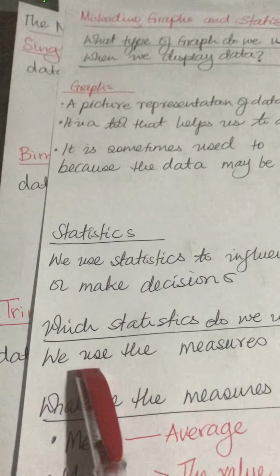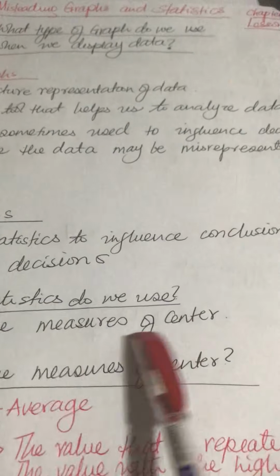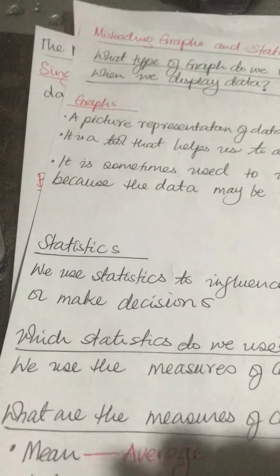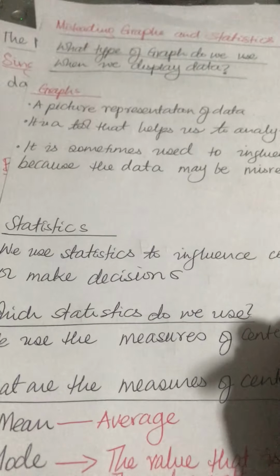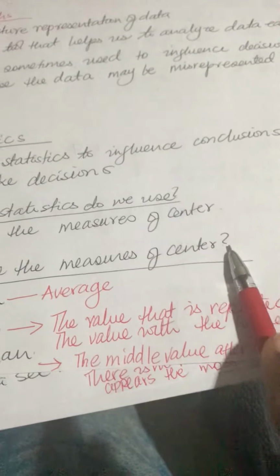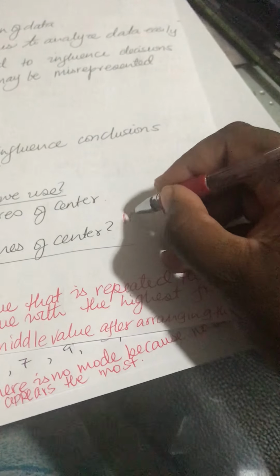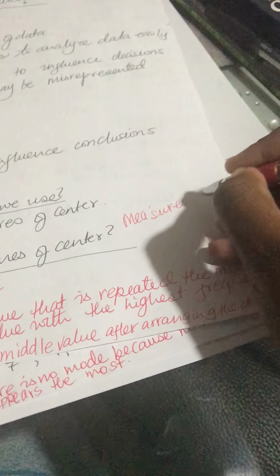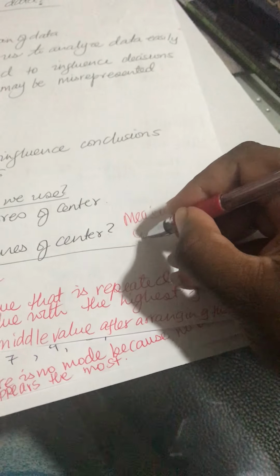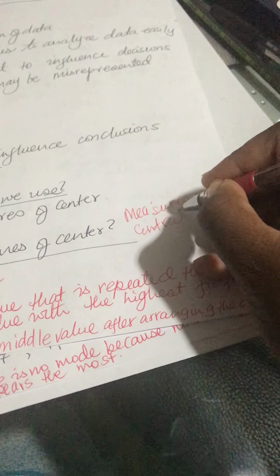Now, which statistics do we use? In this lesson, we are going to use the measures of center. The statistics we are going to learn in this lesson are called the measures of center. And what are the measures of center? Sometimes they're called measures of central tendency.